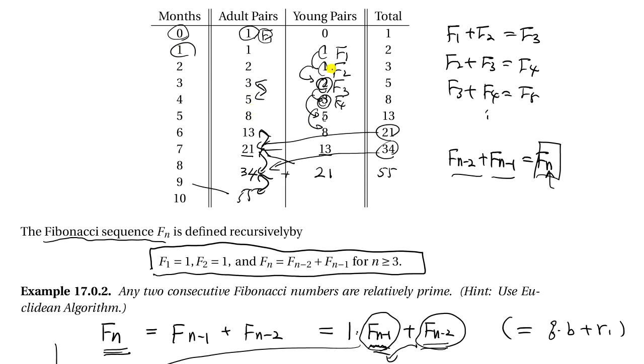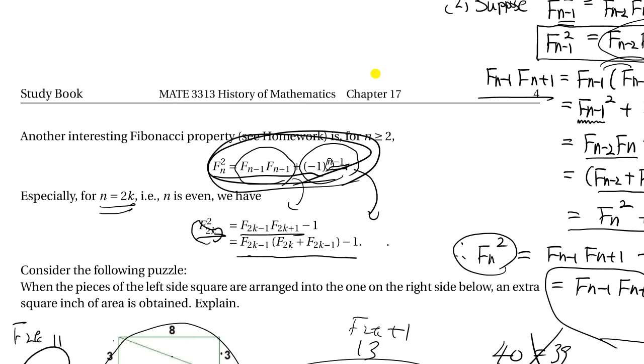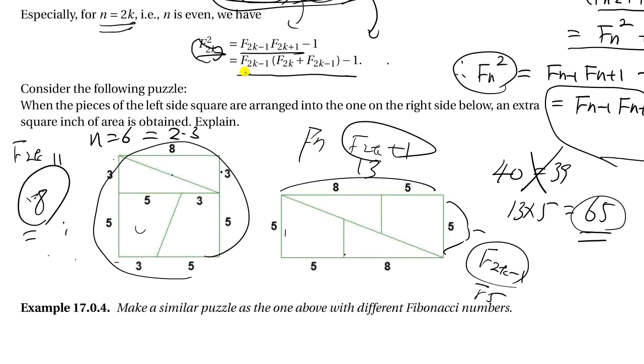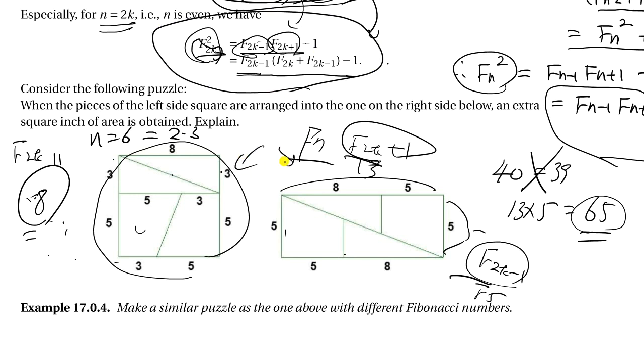It depends on how you look at it, but in this case, it should be n equals 6, which is 2 times 3. So that is F5 and that is F7. Then multiplying those two Fibonacci numbers gives 1 greater than the square of Fn. Right? So we can use this to explain why the areas of these two figures are not the same.